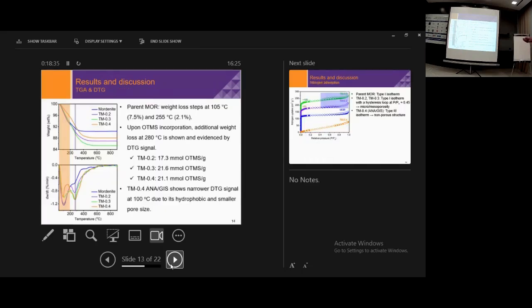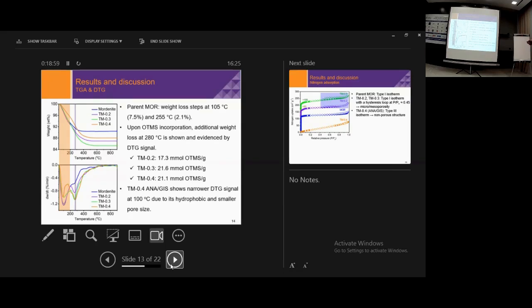In addition, we also use thermal gravimetry and differential thermal gravimetry to study these four samples. The parent mordenite zeolite shows weight loss at about 105 degrees Celsius and also 255 degrees Celsius based on the DTG analysis.